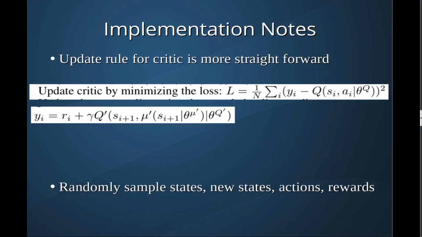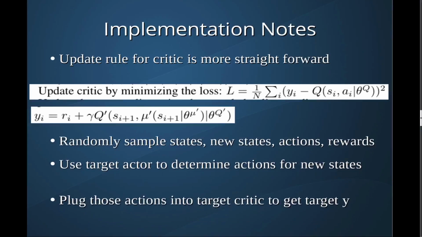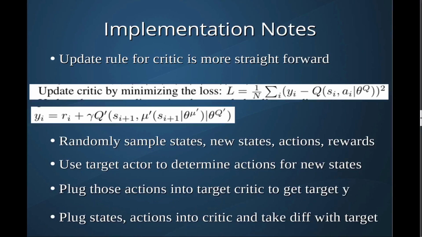So what we're going to do here is randomly sample states, new states, actions, and rewards, and then we want to use the target actor network to determine the actions for the new states. Then plug those actions into the target critic network to get your y and multiply it by the discount factor gamma and add in the reward from that time step, which you sampled from the memory. And then that is a target, the value we want to shift the estimates for our critic towards.